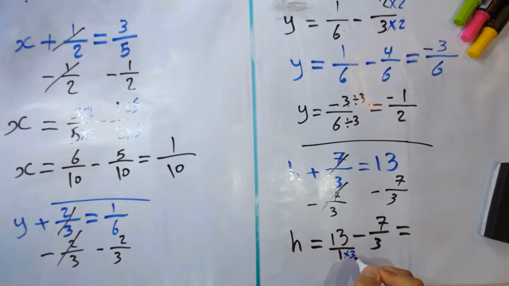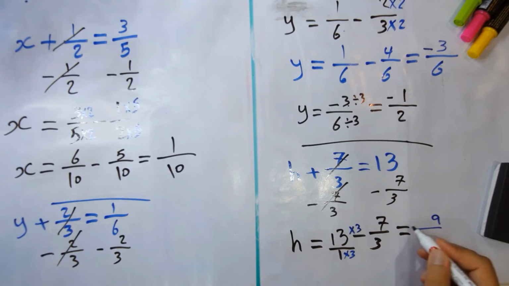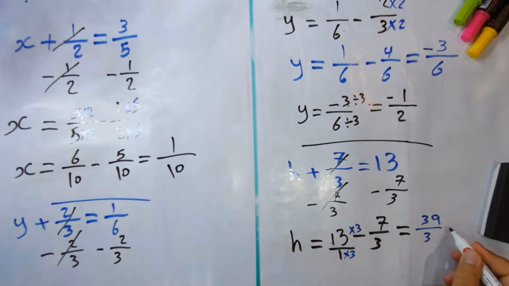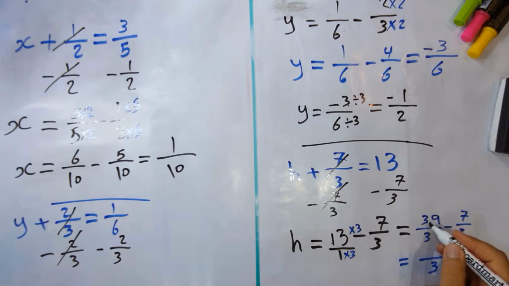But if we multiply by 3 down, we should multiply by 3 up. Equal 3 times 13 is 39, 3 times 1 is 3, minus 7/3. The denominator is the same, then write it the same, and 39 minus 7 is 32.